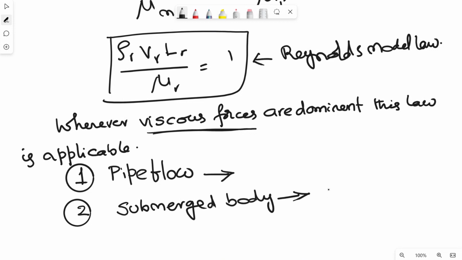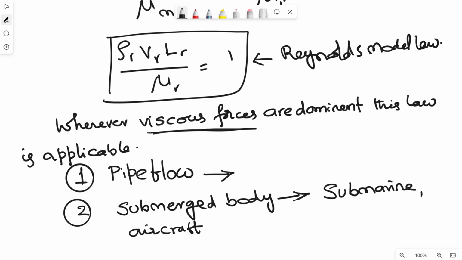What are the examples? For example, submarine. Submarine is completely submerged in seawater. So wherever submarine cases are there, we try to satisfy the dynamic similarity using Reynolds model law. Second one is aircraft. Aircraft is also completely submerged in air.